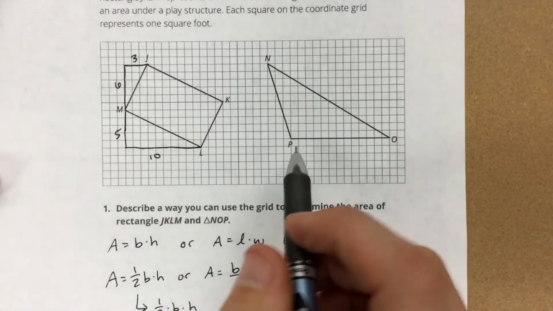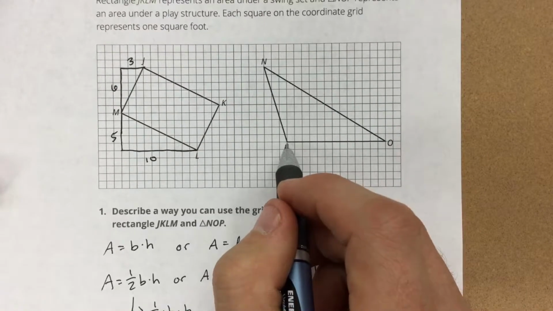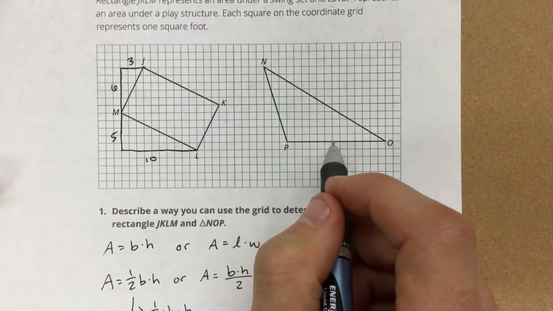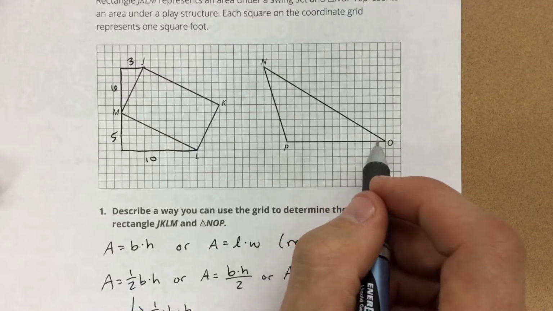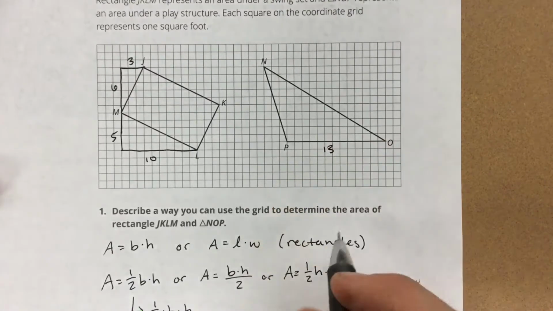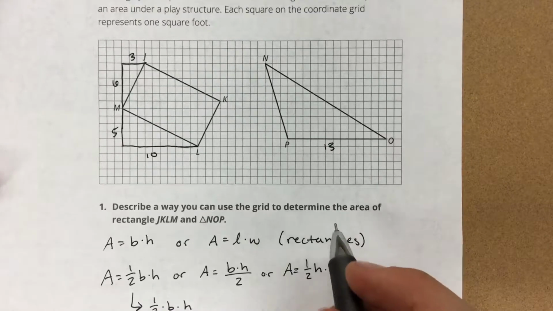In order to find the base here, I would just pick this PO. So PO, this would be 1, 2, 3, 4, 5, 6, 1, 2, 3, 4, 5, 6, 7, 8, 9, 10, 11, 12, 13, I believe. So my base would be 13 there. And then a height, and this will actually come in later in the video as well.